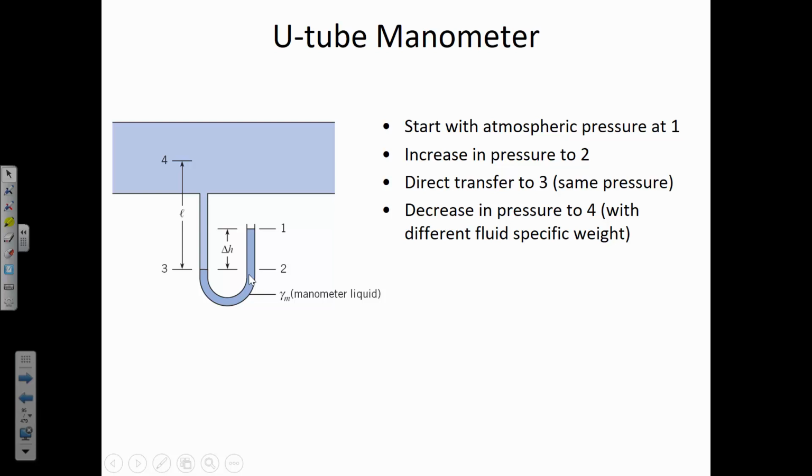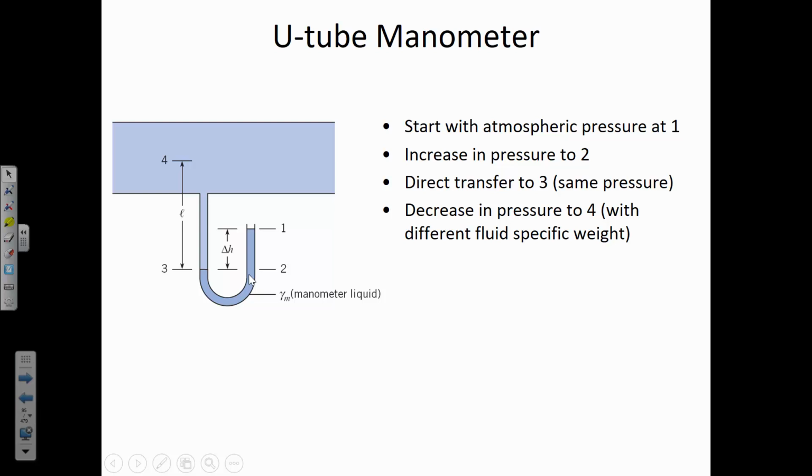P4 equals what? Okay, so L is going to be the distance here instead of delta H. So it's going to be L and what else? Times gamma. All right, we're heading the right direction, but you said plus. I was a little worried about that.